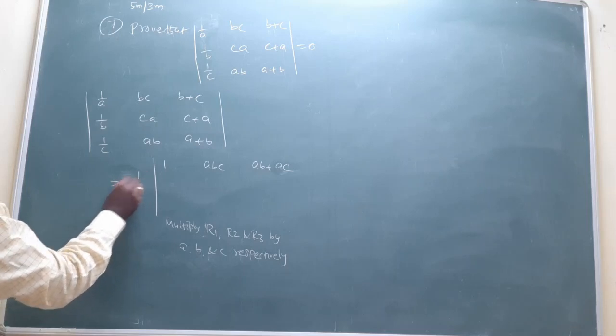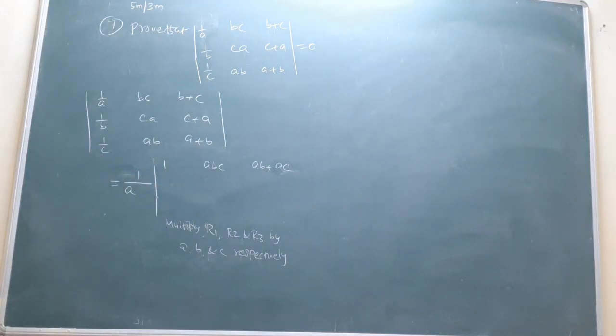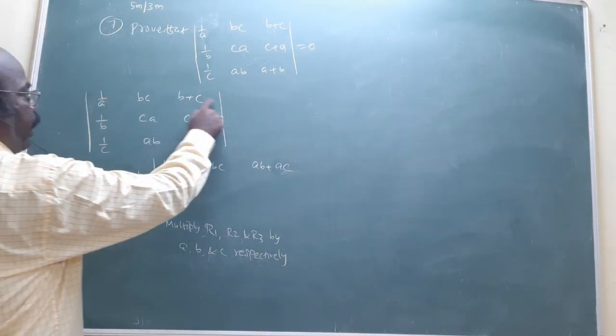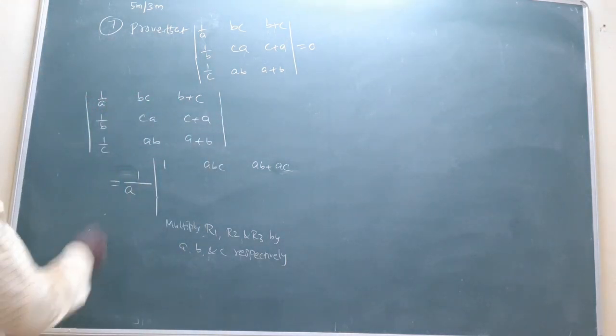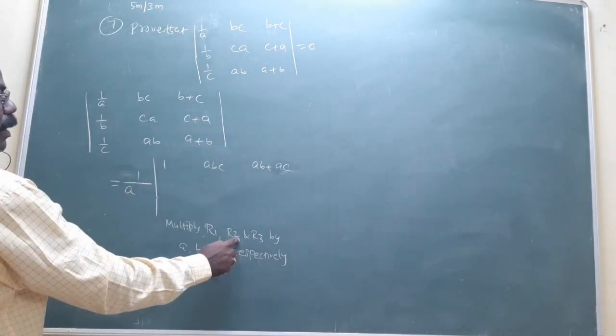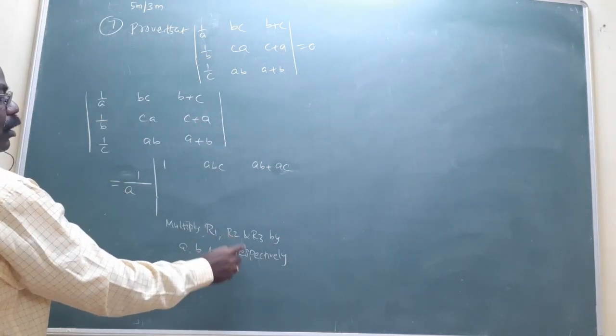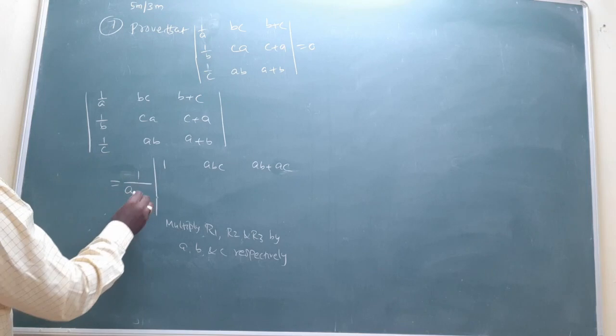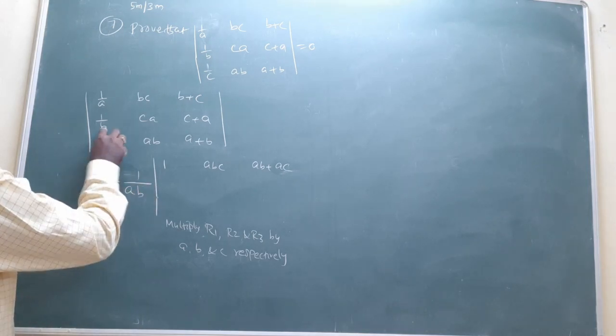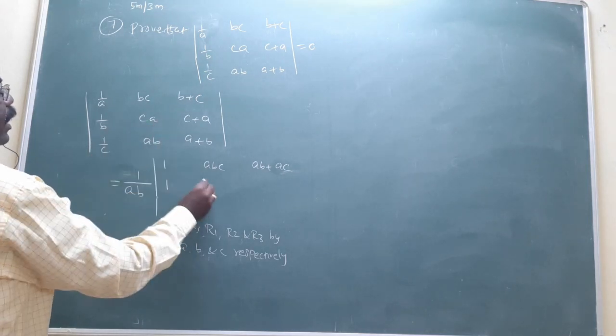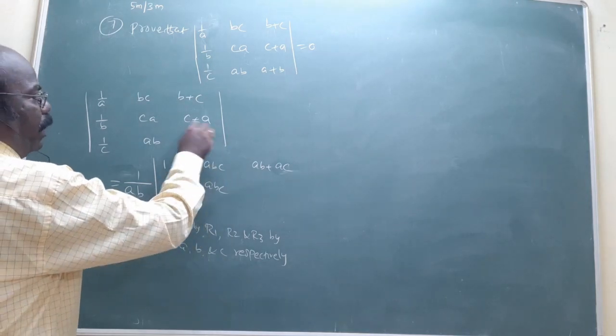Automatically divided by A. First row is multiplied by A. All elements are multiplied by A. The A is divided by A. Here multiply by B, no? Second row. Already mentioned clearly. Multiply R2 by B respectively. Here divided by B. Multiply by B means here 1. Here CA is already A, B, C. Multiply by B, no?